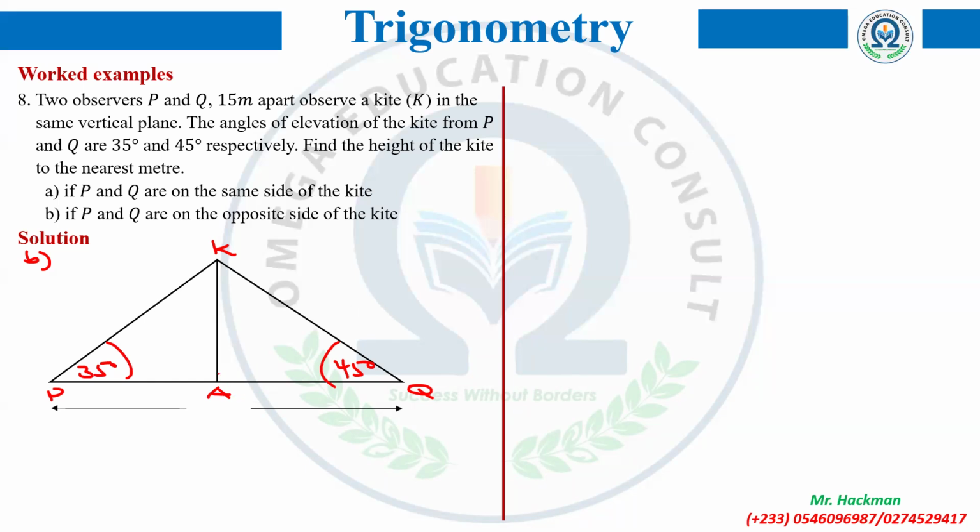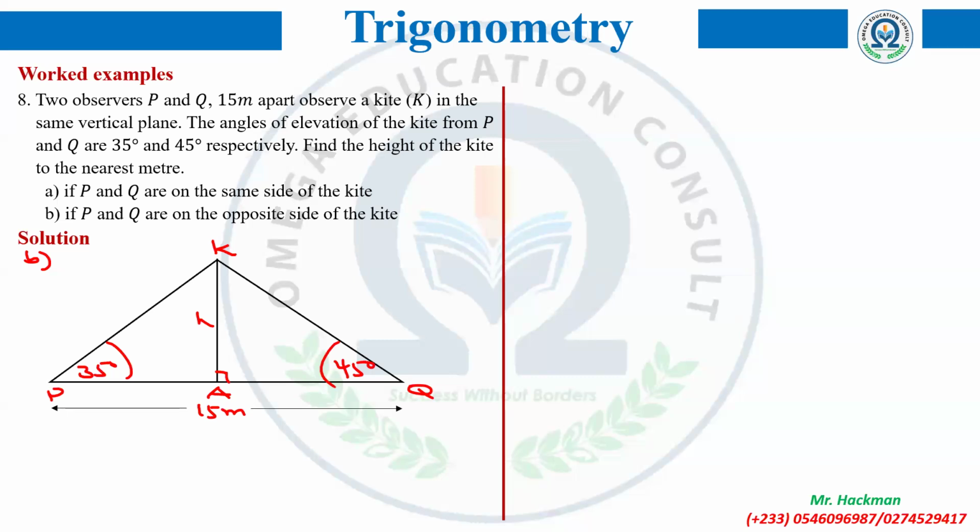This will be 90 degrees, because the height is any line from that point meeting the line at an angle of 90. This gives us H, which is the same as the altitude. We know the distance between them to be 15 meters.